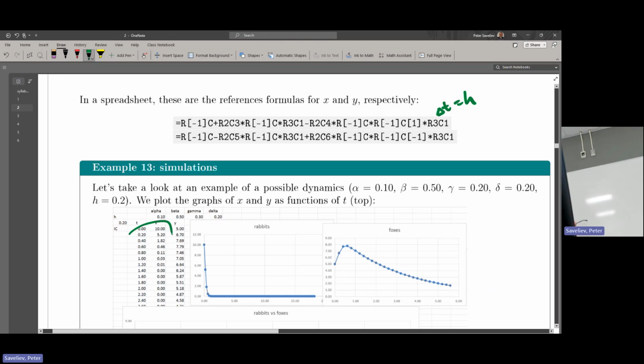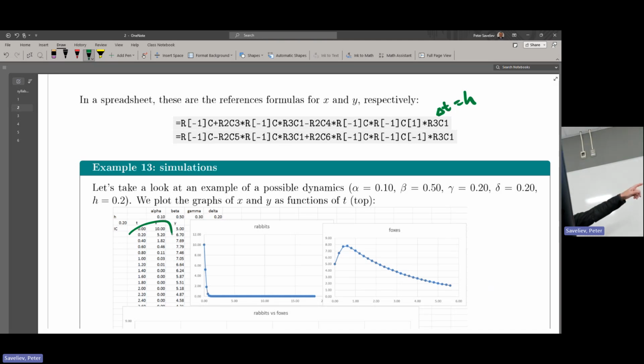The rabbits ran out really quickly. But in the beginning there were enough of them, so much so that the foxes actually went up at first. But then there are so few rabbits left that it's not enough for the foxes to eat, and then they start declining on and on. You can try to predict long term. What do you expect is going to happen long term?